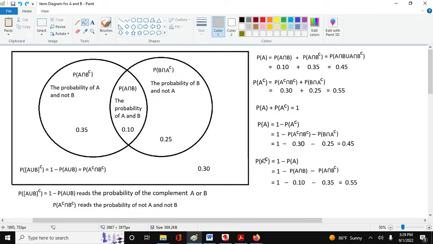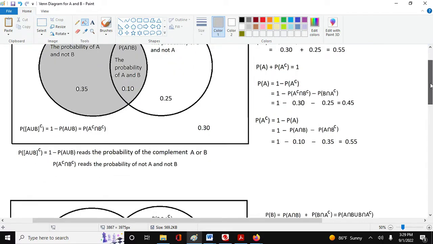Same thing. Another way to find probability A complement is 1 minus probability A. So we can do 1 minus 0.10 minus 0.35 equals 0.55.